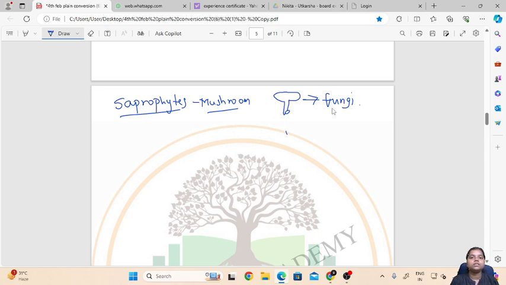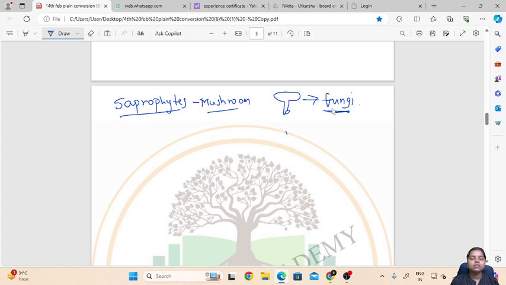Take a piece of bread, keep it on a plate for a day or 2, and sprinkle a little water on it. After 2 days a black powdery thing will form on it. What is that? That is called fungi.